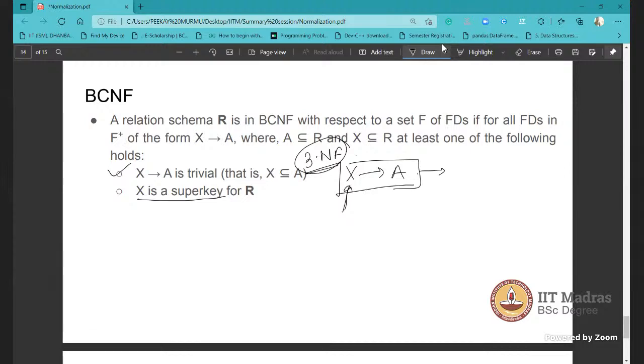Let me repeat your statement, right? So X functionally determines A. What is the condition in the third NF?